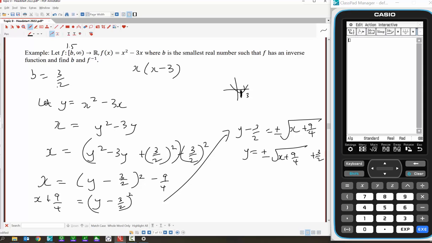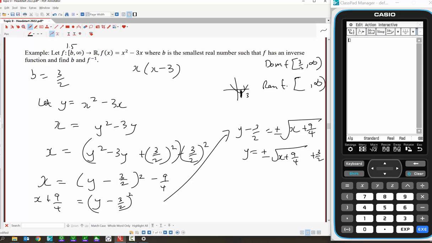Now you'll note also that I jumped the gun a little bit with this and didn't write the domain and range of the original function. So let's do that. The domain of f is 3 on 2 to positive infinity. The range of f is going to be, so the turning point all the way to positive infinity.